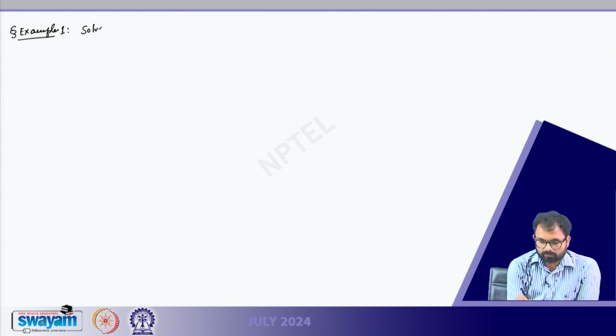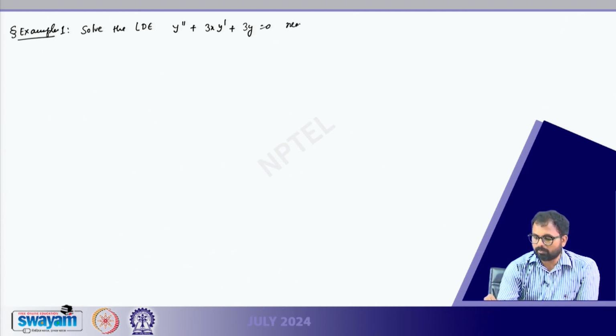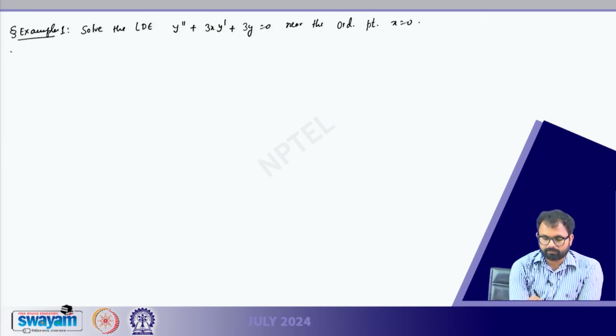solve the linear differential equation y double dash plus 3x into y dash plus 3y equals 0 near the ordinary point x equals 0, right? Solution.